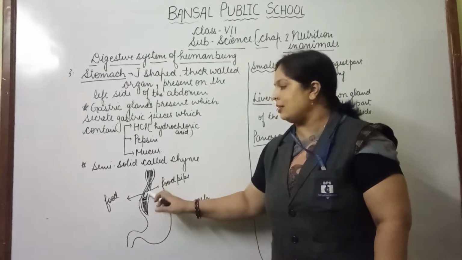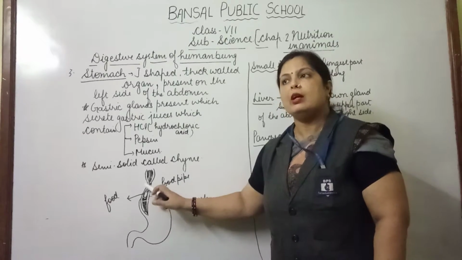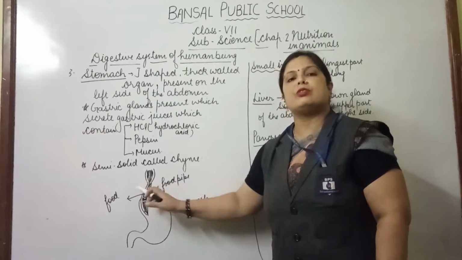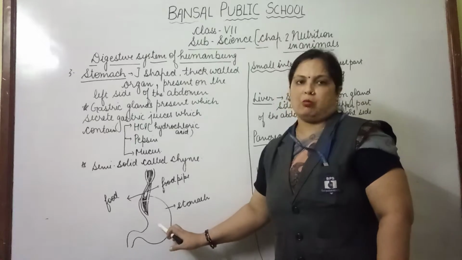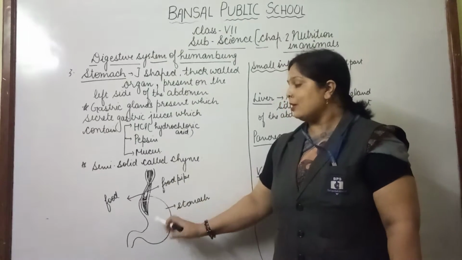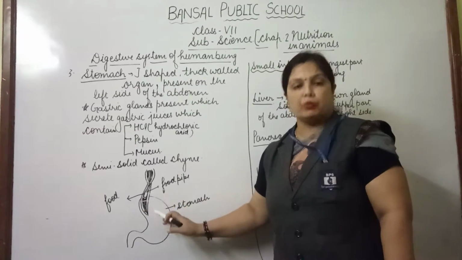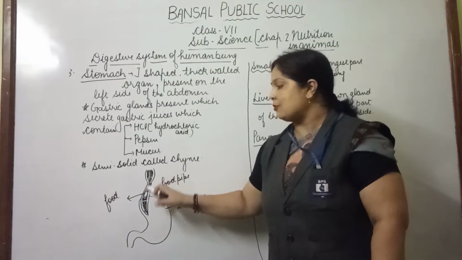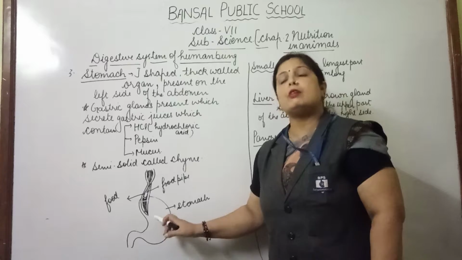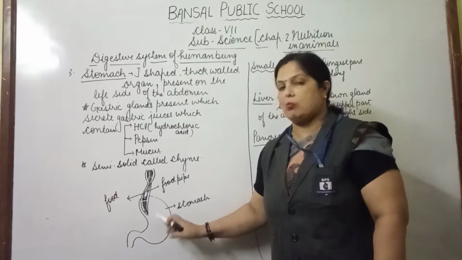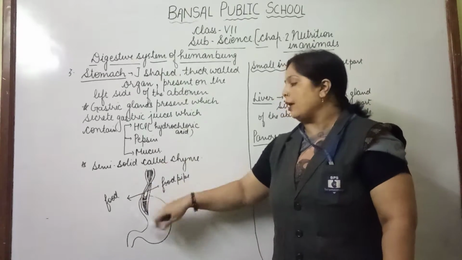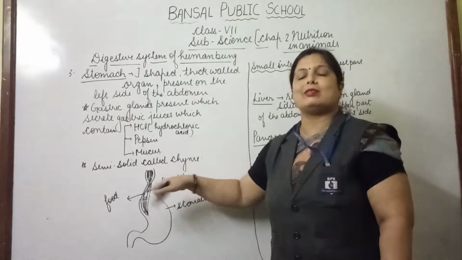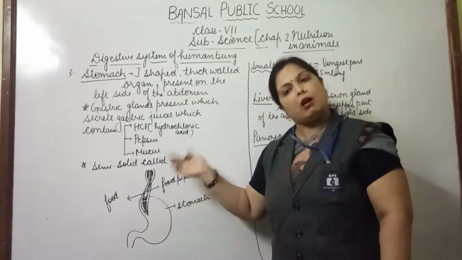Peristaltic movement is a movement in which the esophagus pushes the food from here to the stomach. Clear? But listen carefully, sometimes we vomit the food, because when food passes from the esophagus to the stomach but is not accepted by the stomach, it reverts back and goes back to the esophagus. That's why we vomit the food.